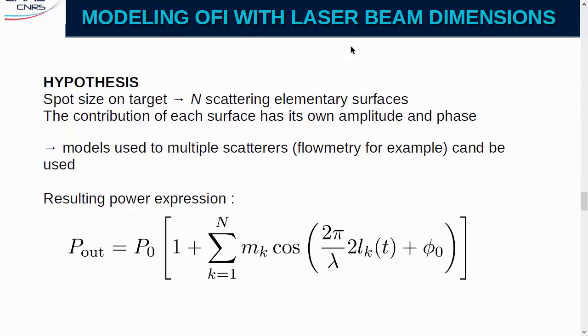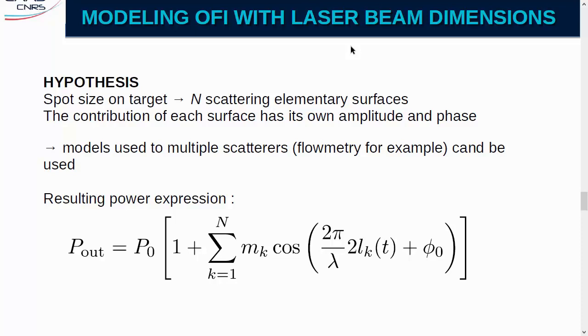So the hypothesis is that we will reduce our spot size to n scattering elementary surfaces, and we will add each contribution of each surface to the back scattered power. This model actually was already used in the case of multiple scatterers, in the case of flowmetry, for example, where you have scatterers in the flow and you can consider several particles.